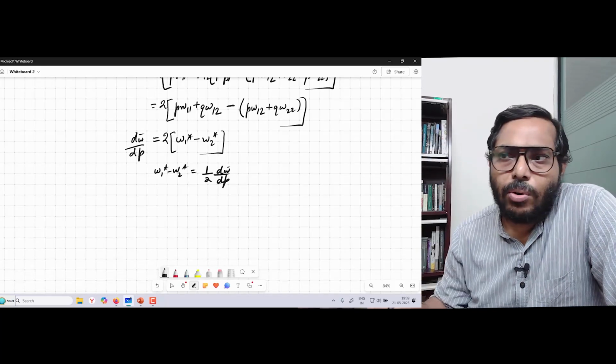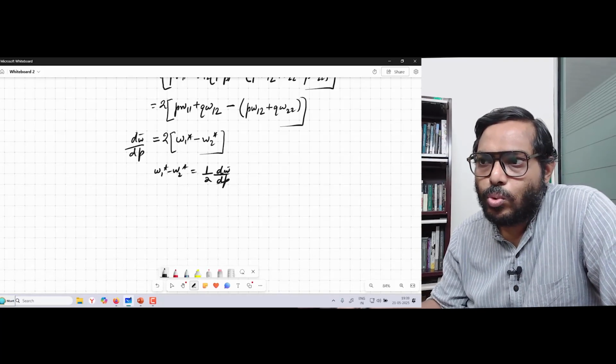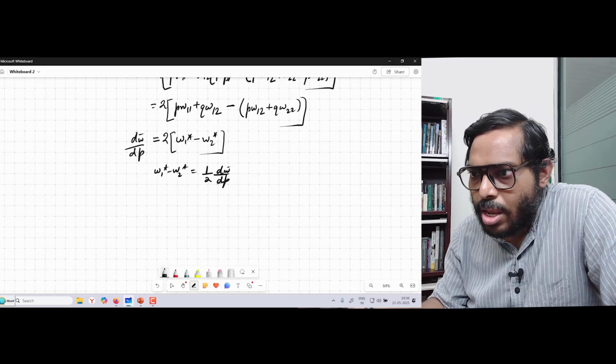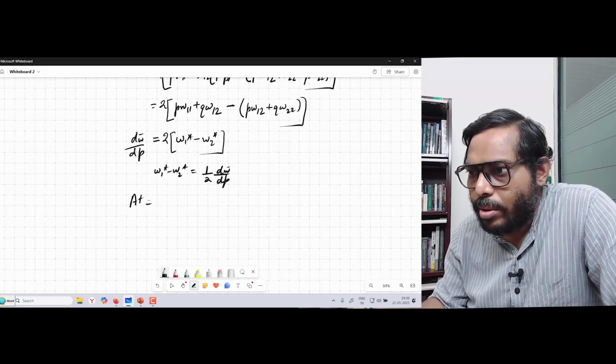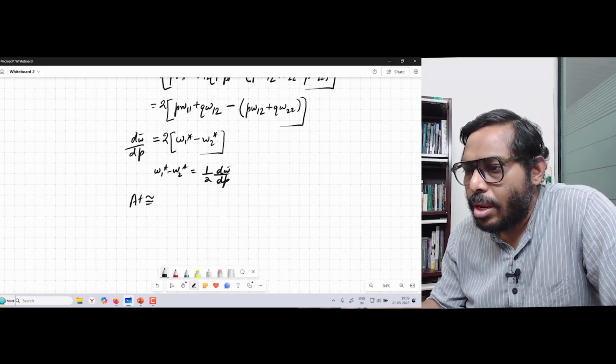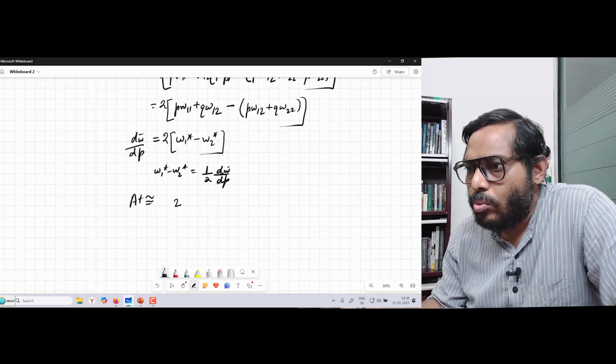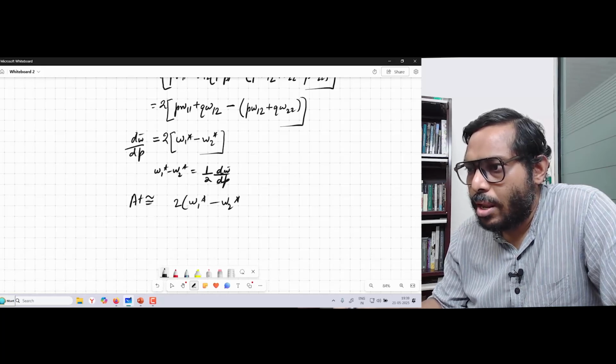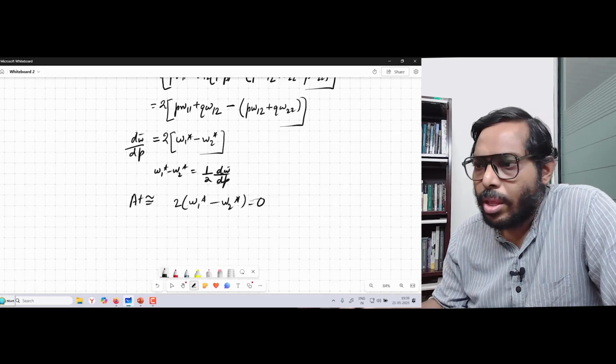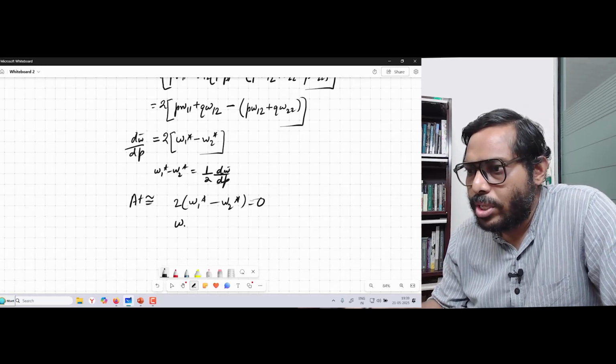We have already figured out that dW bar/dP is equal to 2(w1 star minus w2 star), which means that at equilibrium, 2(w1 star minus w2 star) will be equal to 0. In other words, w1 star will be equal to w2 star.